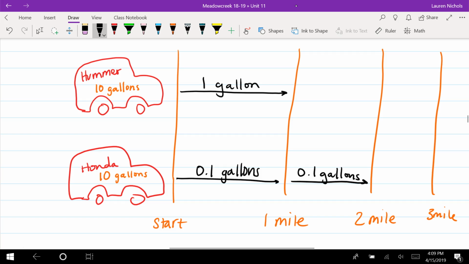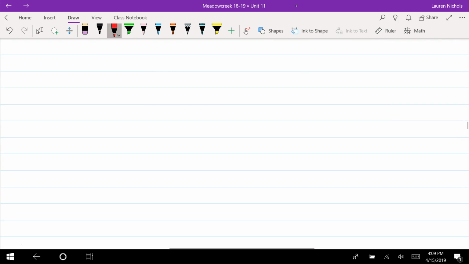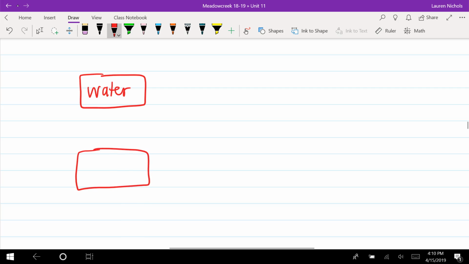Well, we can use a similar analogy, but instead of cars, we have substances. So let's say I have a substance and it's water, and I have another substance and it is mercury. These two are often compared. Now, the water has a specific heat equal to 4.184 joules per gram degrees Celsius, whereas mercury has a specific heat of 0.14 joules per gram degrees Celsius.